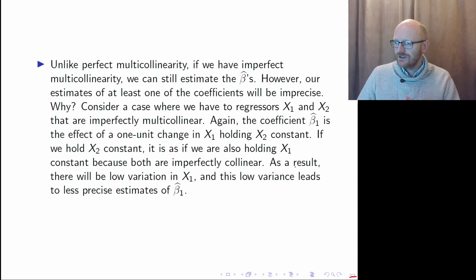So as a result, there will be low variation in x1, and this low variance leads to less precise estimates of beta 1 hat.